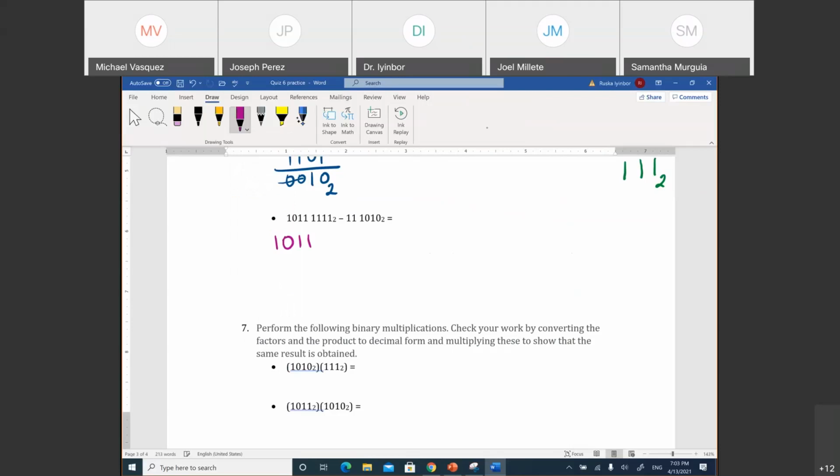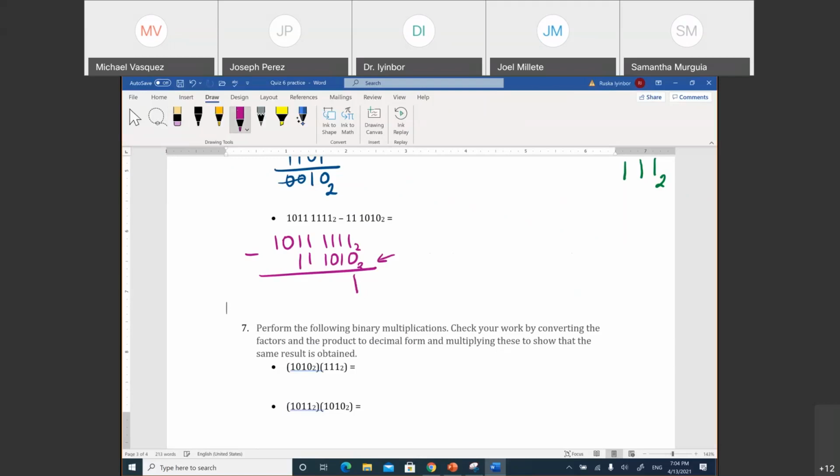You have two nibbles. 4, and you subtract 1, 0, 1, 0. That's why it's easy to have it in the nibbles, so you can line them up better. Okay, and then you're going to start subtracting. So you start from this way, right? And all of these are binary. Let's put that little 2. So 1 minus 0, obviously it's 0. Oh, no, it's not 0. It's 1, right?